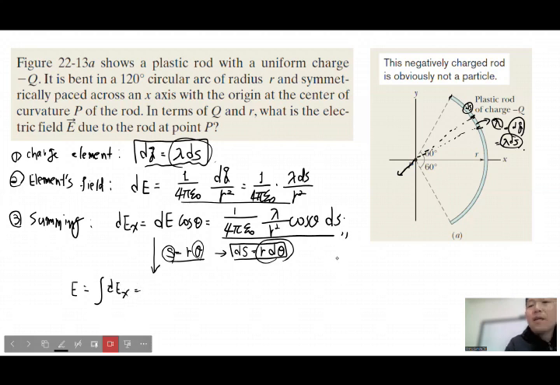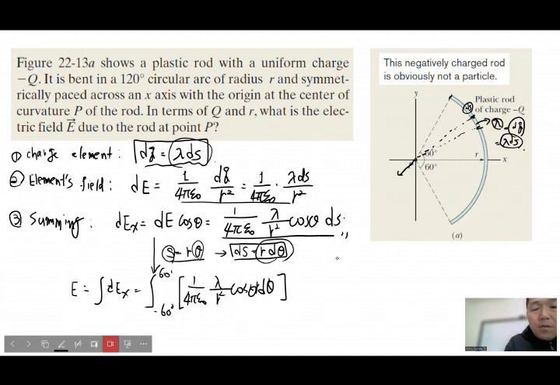You want to estimate the electric field from the total line charge from minus 60 degrees to 60 degrees. That is the integral from minus 60 degrees to 60 degrees of 1 over 4 pi epsilon naught, lambda over r squared, cosine theta, r d theta.